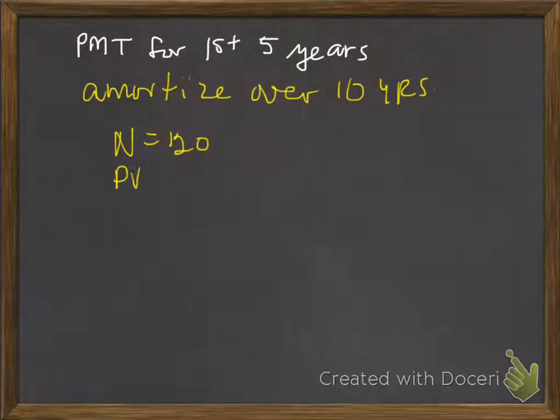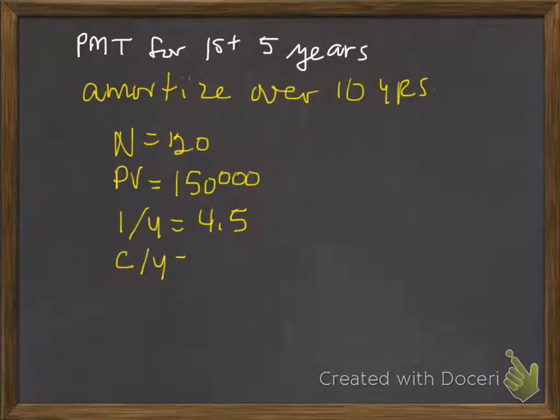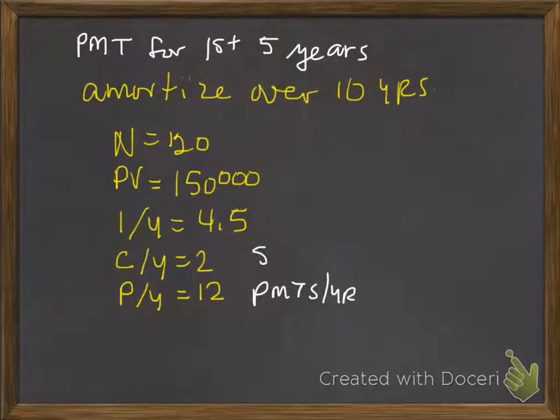The present value on your calculator will be equal to $150,000. And the I/Y is equal to 4.5% per year, compounded semi-annually. So C/Y is equal to 2, compounded semi-annually, and P/Y is equal to 12, because there are 12 payments per year, and there are 2 semi-annual periods per year.